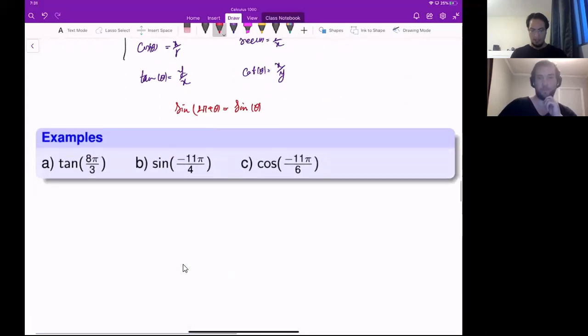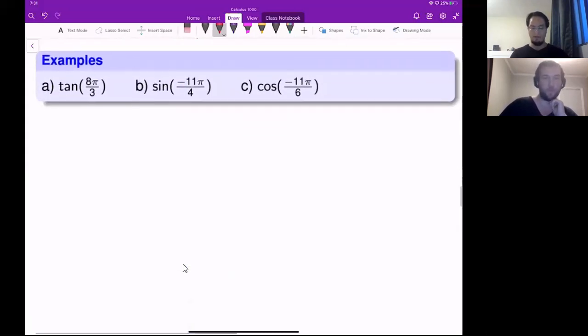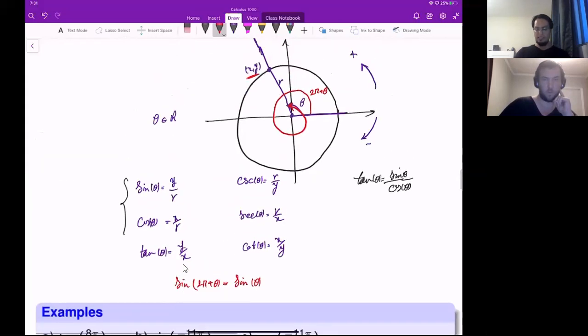Okay. So let's do some evaluation of these. How do we evaluate the values of these trigonometric functions for general theta? There is one key point: we need x and y and r. Yes, r we can always set equal to 1.